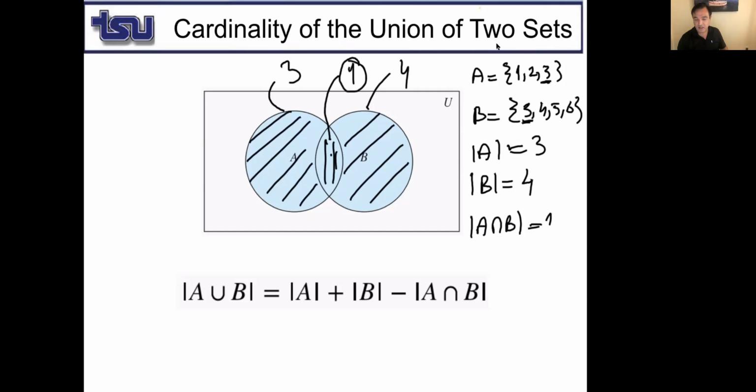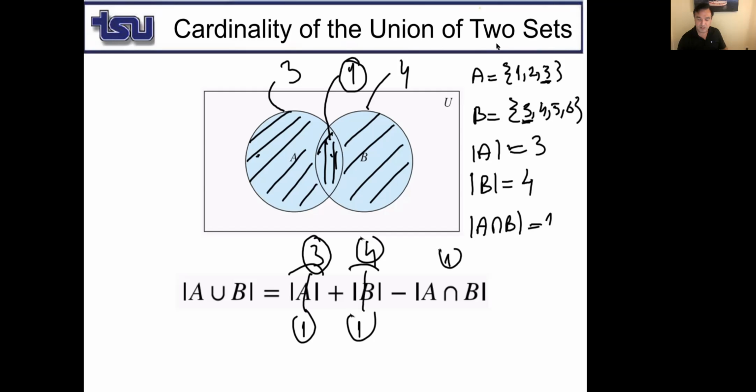But this 1 is counted twice because this element belongs to A and this element belongs to B. If I say 3, 4, 7, this 3 includes 1, and this 4 also includes 1. So I need to subtract that 1 from there.